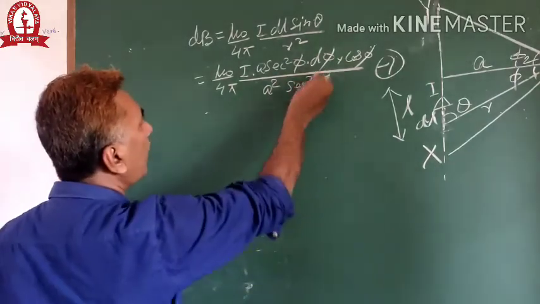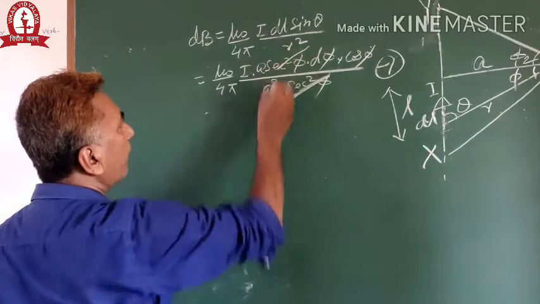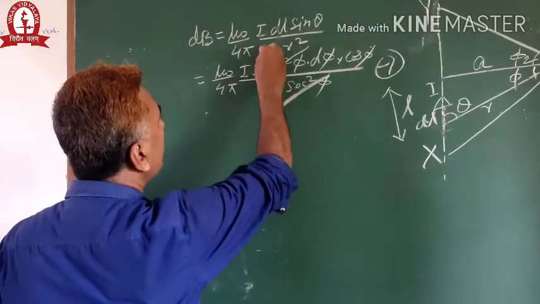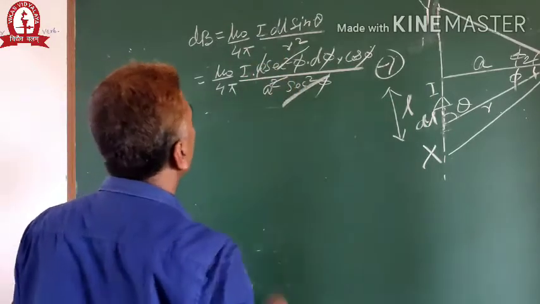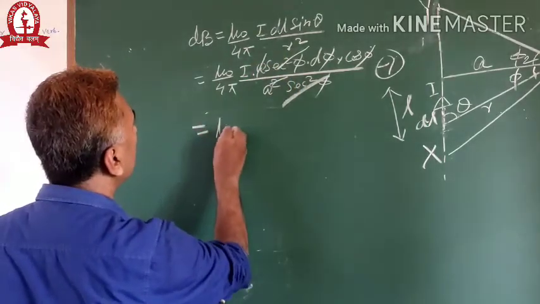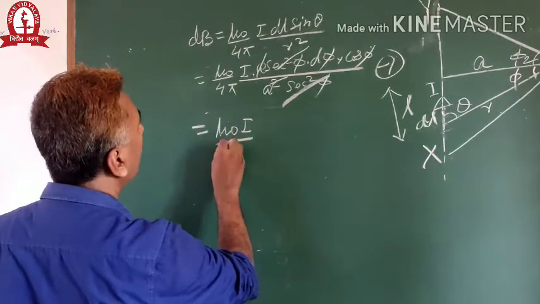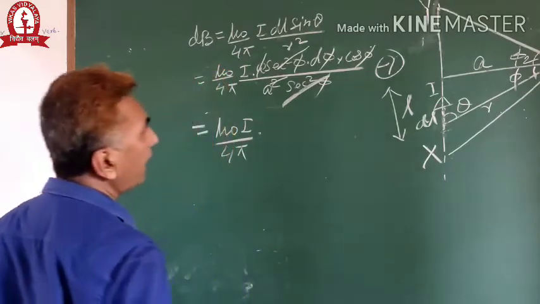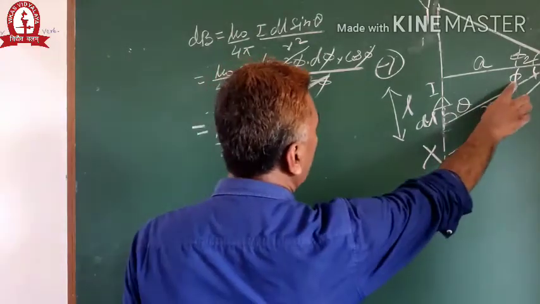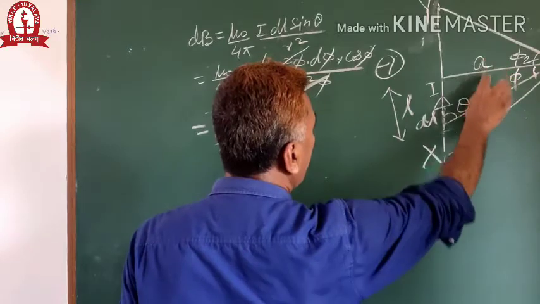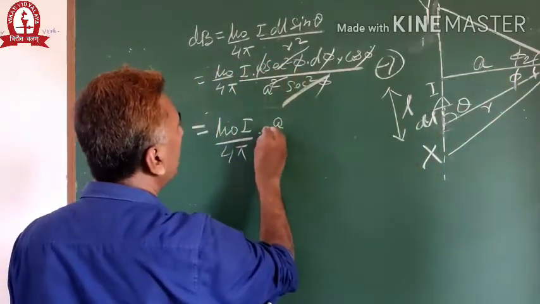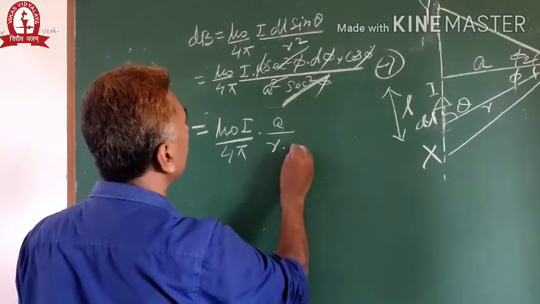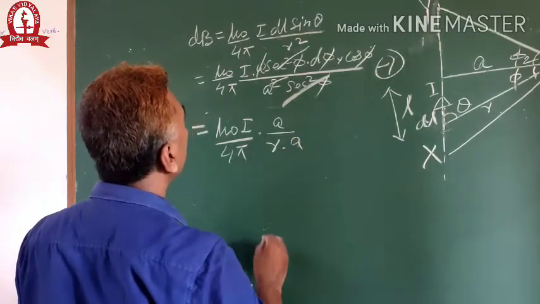You see, sec square phi and sec square phi cancel. One a is cancelled by this. Now this becomes mu naught I upon 4 pi into cos phi. Cos phi is equal to a upon r, so a upon r into a.